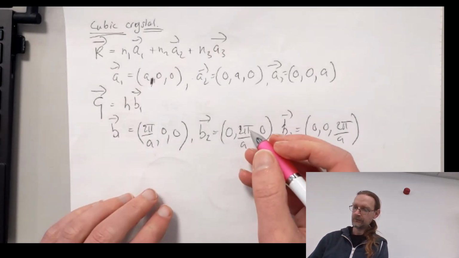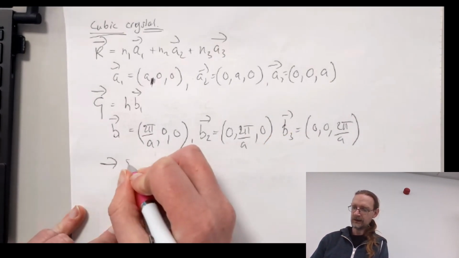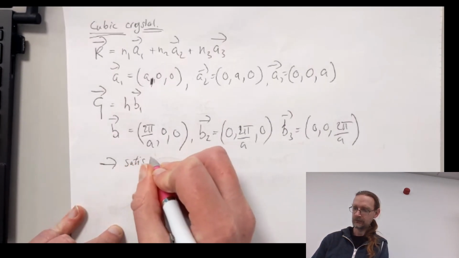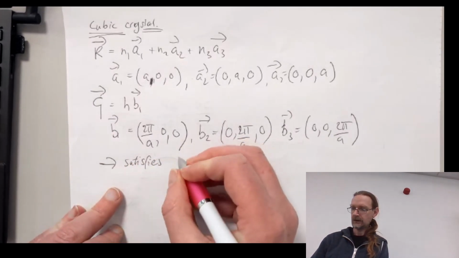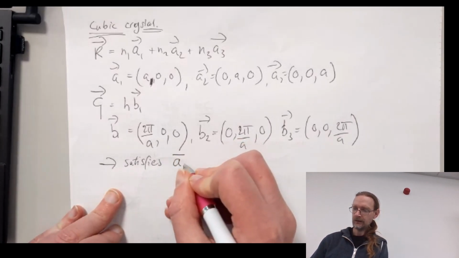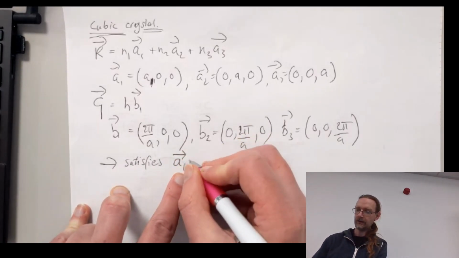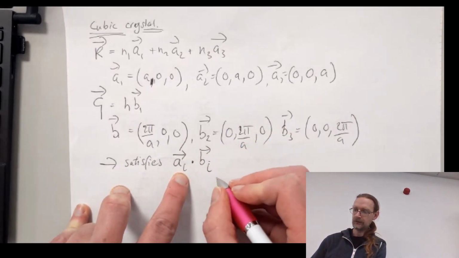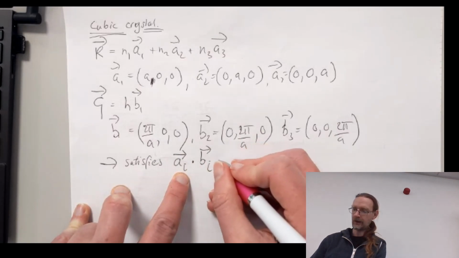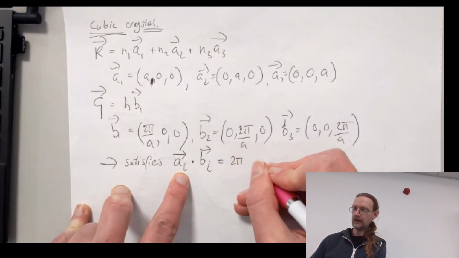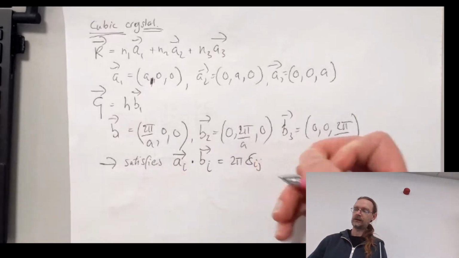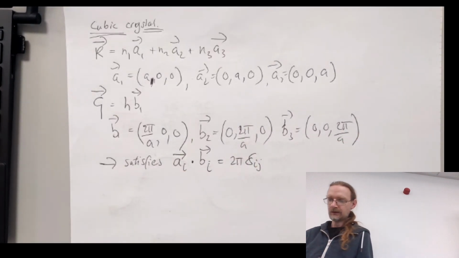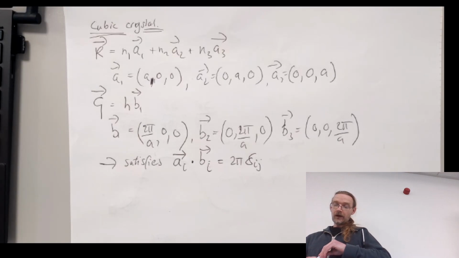And so that satisfies that if I dot the ith real space vector with the jth reciprocal lattice vector, I get 2 pi times the Kronecker delta, which is 0 if i and j are not the same, and 1 if i and j are the same.